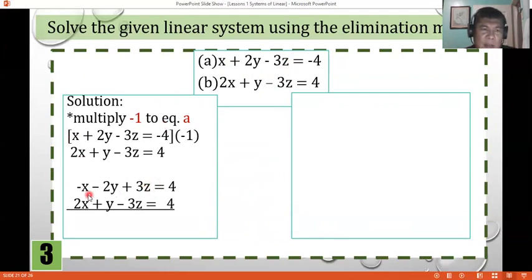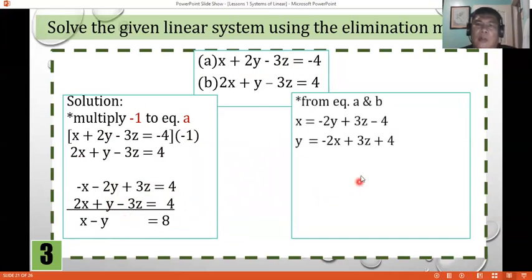So, from positive, naging negative. From positive, naging negative. From negative, naging positive. From negative, naging positive because of this. Pag in-add natin, eliminated ito. So, negative 1 plus 2, positive 1. Negative 2 plus positive 1, negative. So, eliminated ito equals to 8.